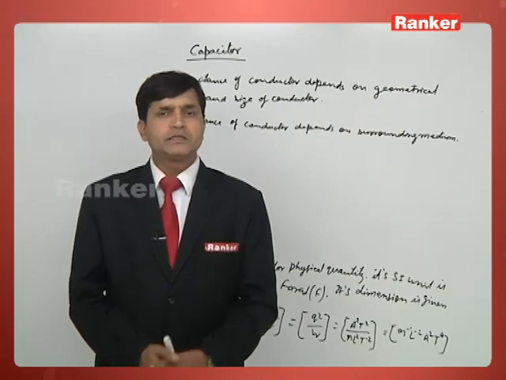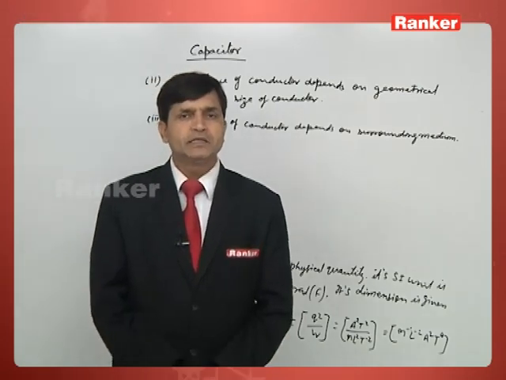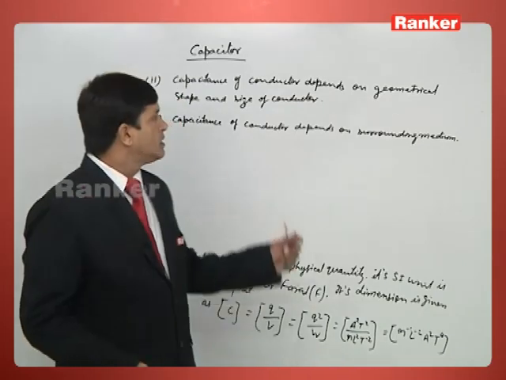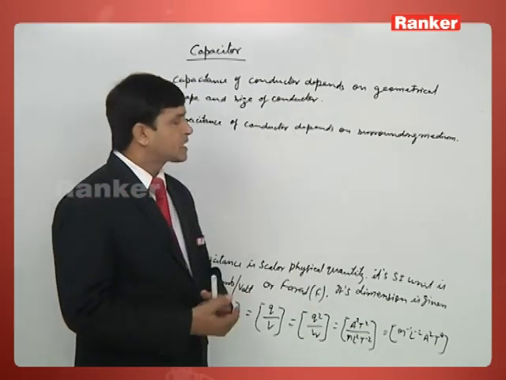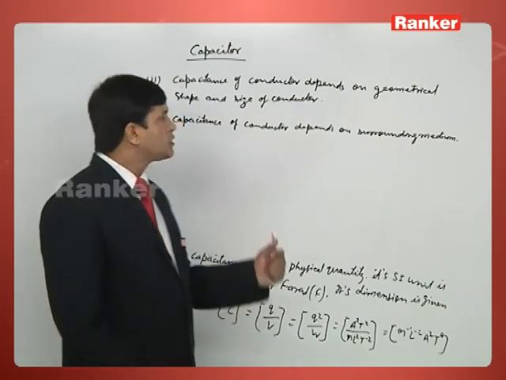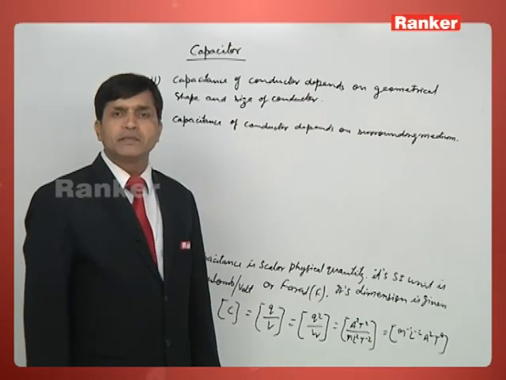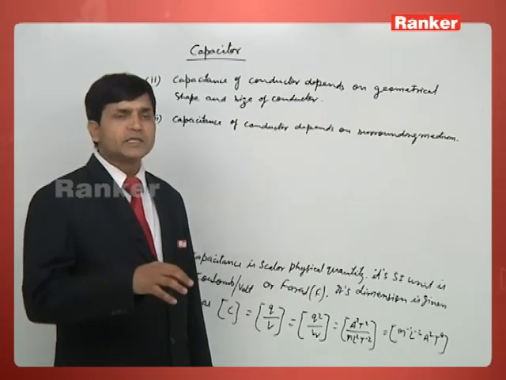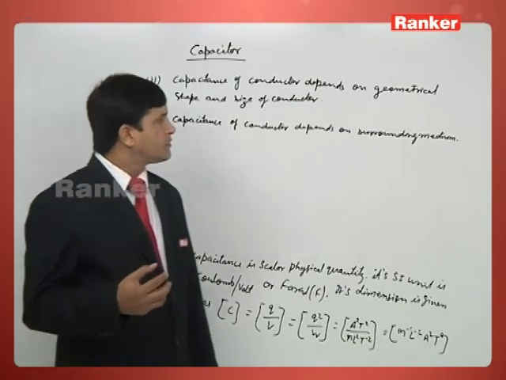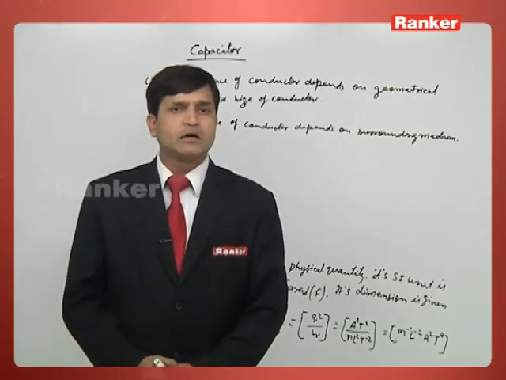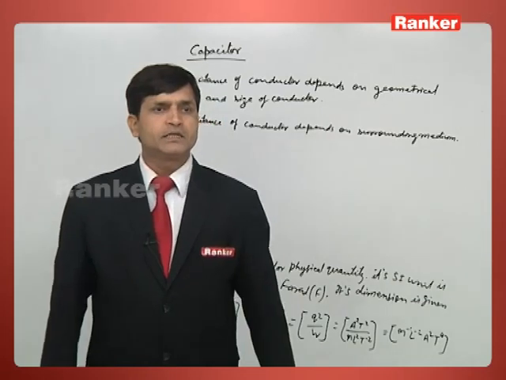So it depends on which type of medium we have. For a medium which ionizes earlier, the capacity of that conductor will be less, and for a medium which cannot ionize, even if we supply a much larger charge or electric field, we can put much more charge on the conductor, so the capacity will increase.